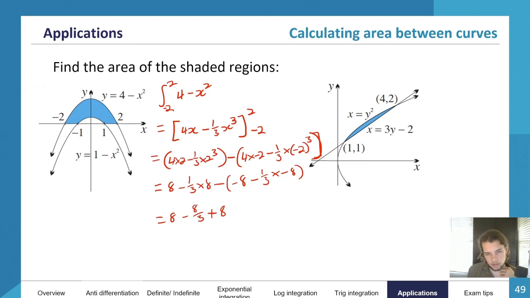And this would become plus, so minus 8 over 3. So our first area is 16, and then we subtract 16 over 3. And we'll just leave it like that for now, as we get our second area.